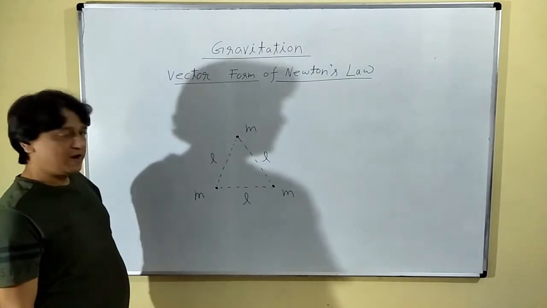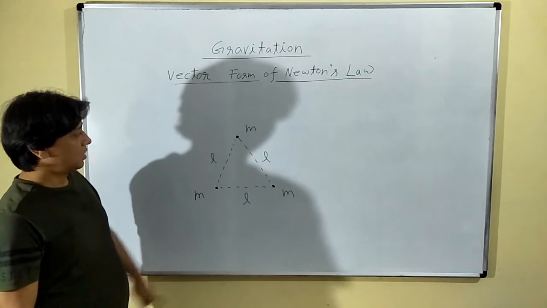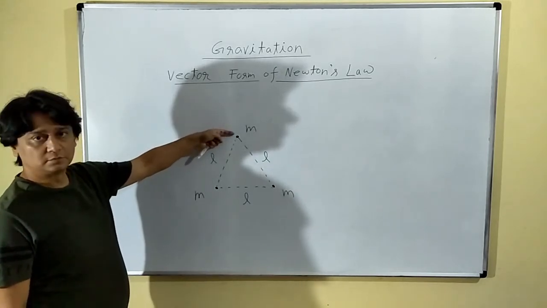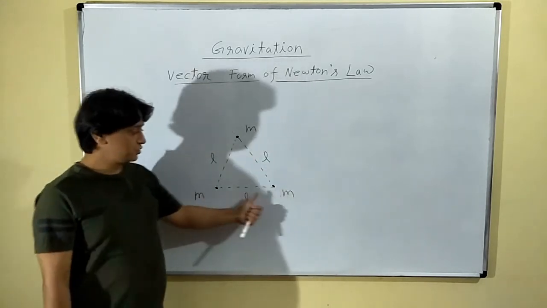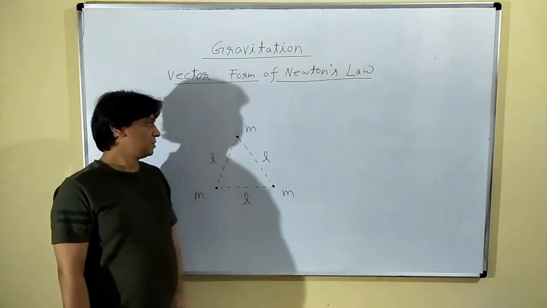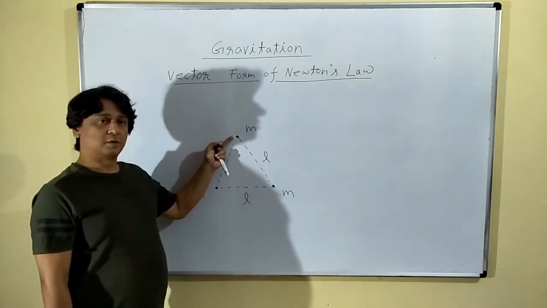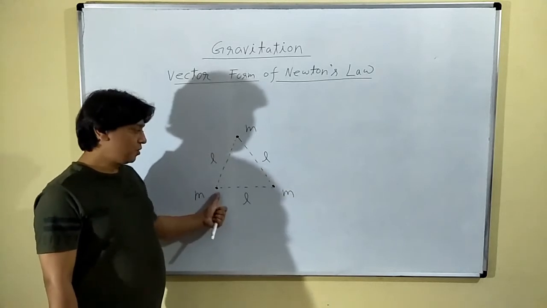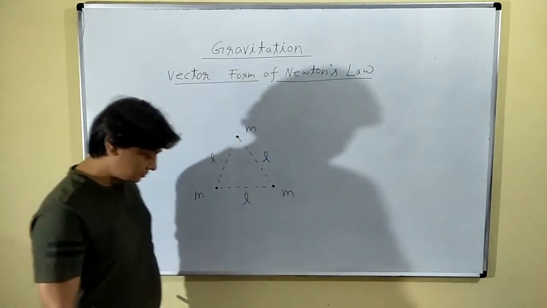The question is, find the force on this M coming from these two ends, the force on this point mass coming from these 2 point masses.